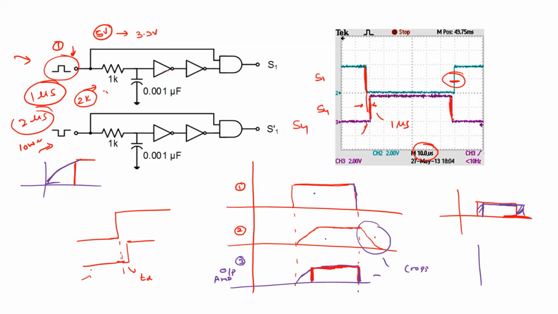You can either connect these NOT gates or some delay blocks. This NOT gate will not extend the waveform; it will clip or remove these portions. Clear?